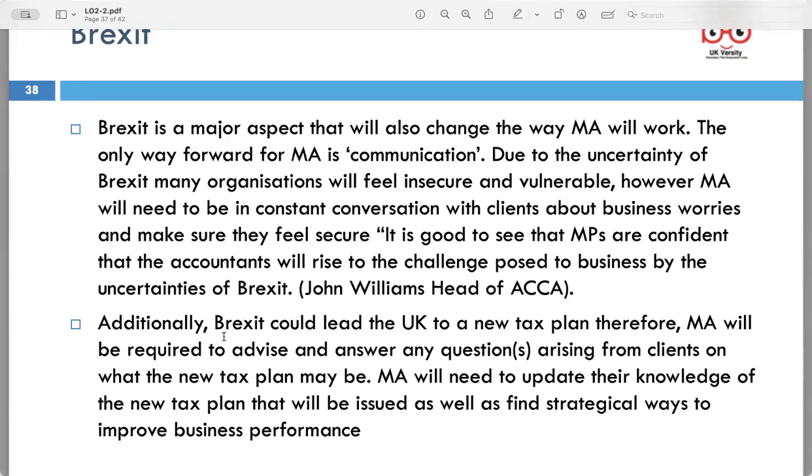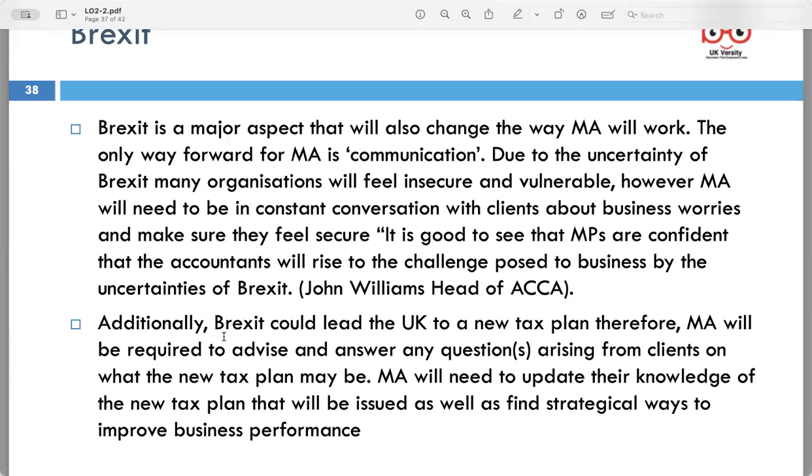A general number of organizations will experience feelings of insecurity and vulnerability. MA will need to maintain a continuous dialogue with clients regarding their concerns about their business and ensure that they feel comfortable.